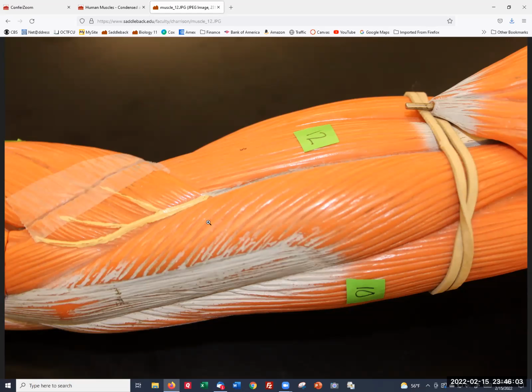Now this one really will benefit from having the actual model in the classroom. Okay. The triceps is down here on the underside of the arm. There are 3 parts of it. This is one part. This is the second part.